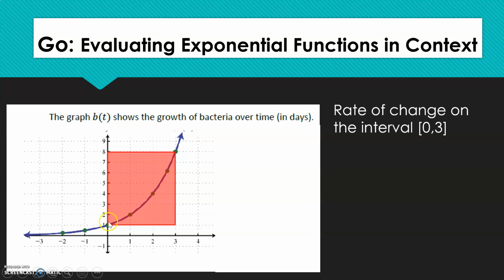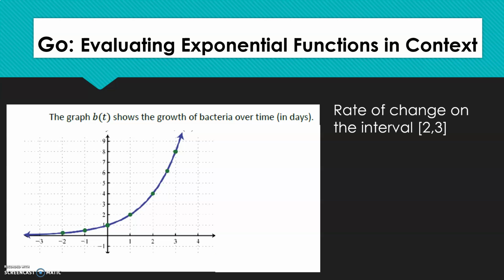We've got the points (0, 1) and (3, 8) to use. We'll use the slope formula to find the slope between these 2 points. 8 subtract 1, that's our vertical change, divided by 3 subtract 0, that's our horizontal change, is 7 over 3.